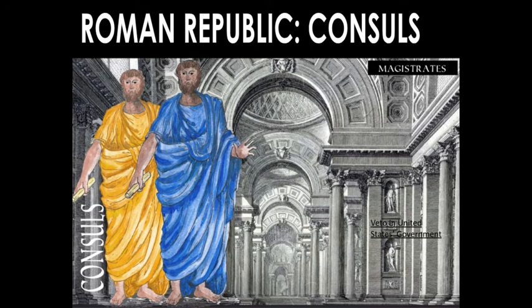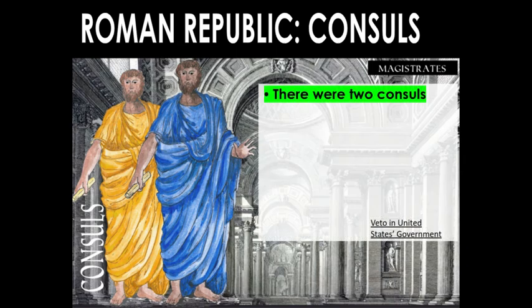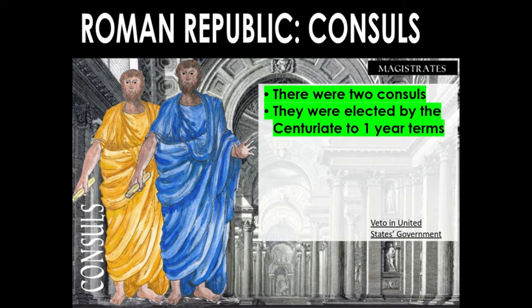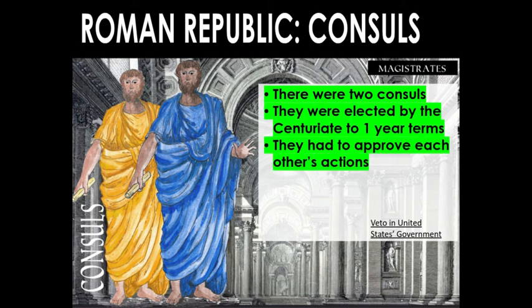Okay. Now, Roman Republic, the consuls. There were two consuls. They were elected by the centuriate assembly to 1-year terms. They had to approve each other's actions, so neither one could take total power.